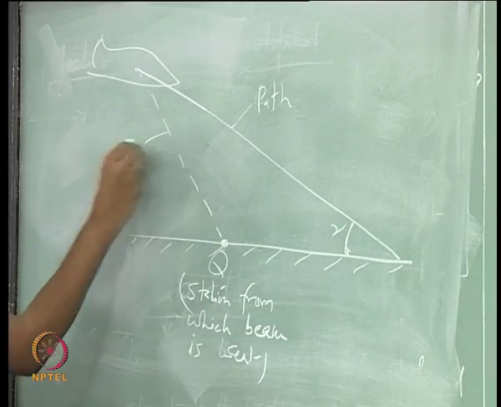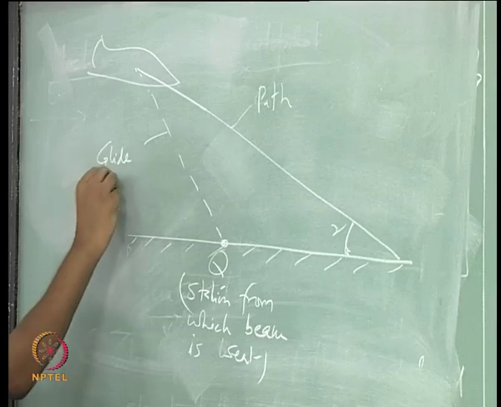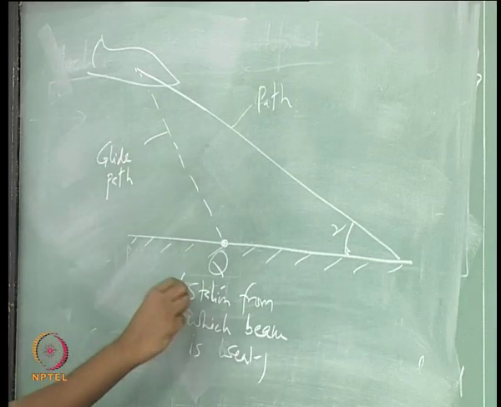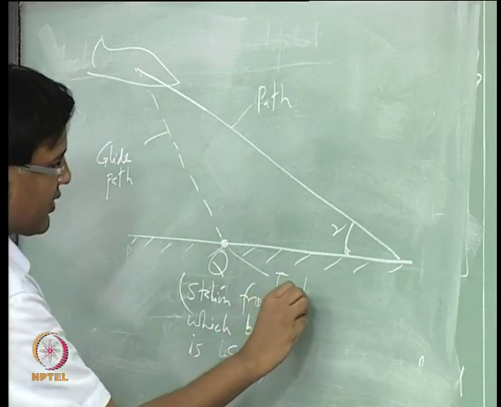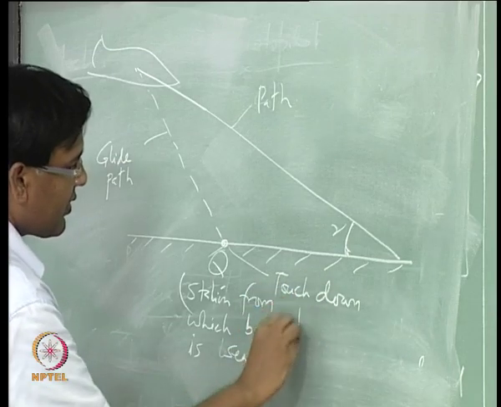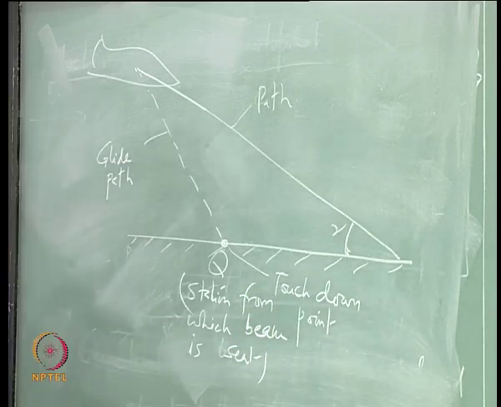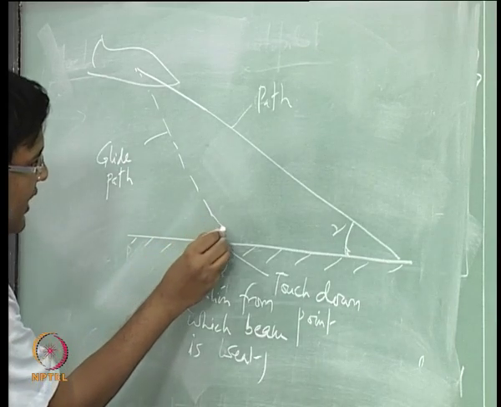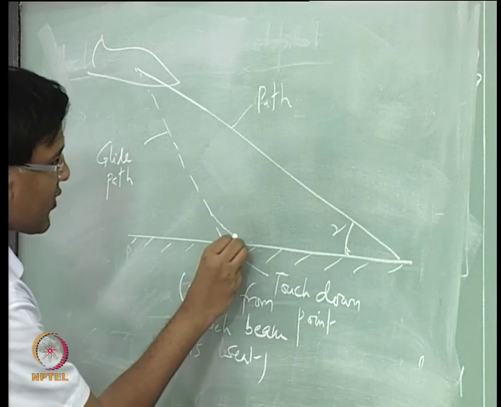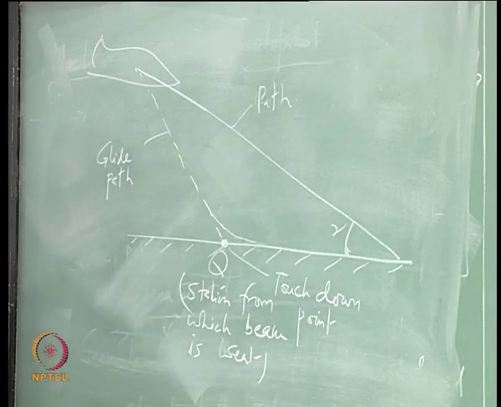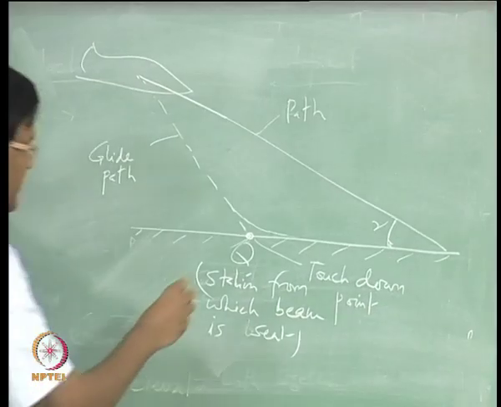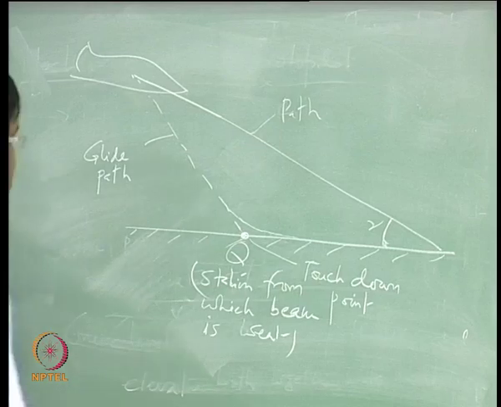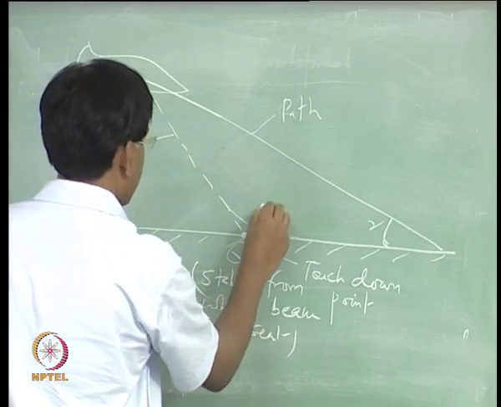This is actually the glide path, and this station is at the touchdown point, after which the aircraft has to flare out and then move on the runway for some distance before it stops. So, this is called flaring.